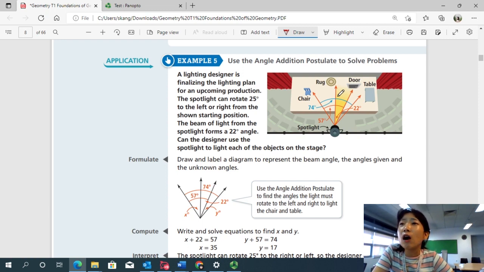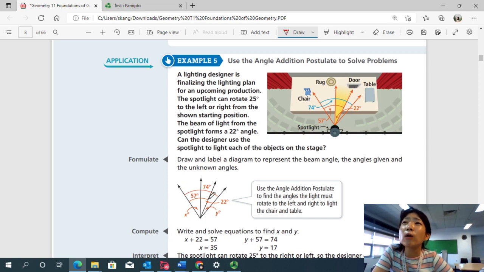So first, we're going to draw and label a diagram to represent the beam angle. From the endpoint here, the given angles and the unknown angles can be mapped with this diagram.